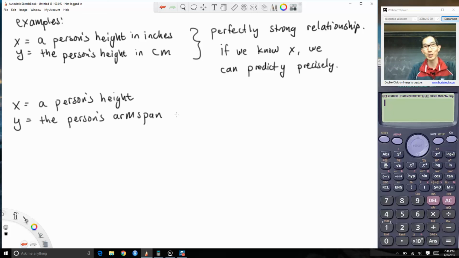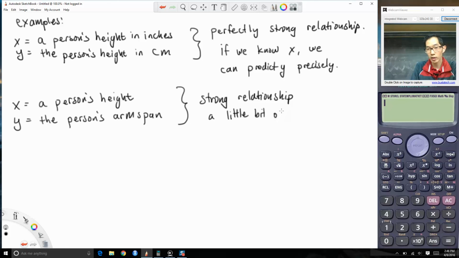Yeah, the Vitruvian Man, I think. But it's not going to be perfect. Not everybody's arm span is exactly their height. Some people will be plus or minus just an inch or two. But overall, there's going to be a very strong relationship. So here we will have a strong relationship, a little bit of scatter, so two people with the same height can have slightly different arm spans.